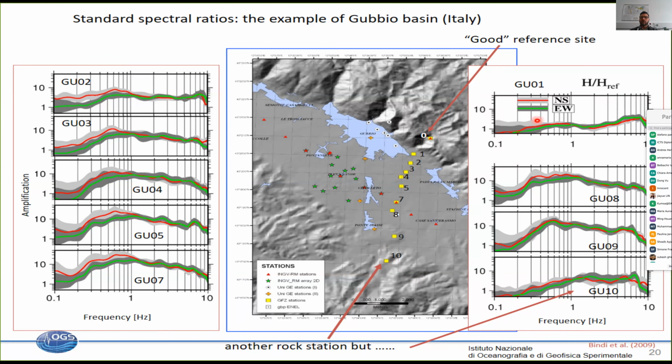The band in gray that you observe here generally is the standard deviation, while the red and the green curves are the median of all these calculations for different earthquakes.